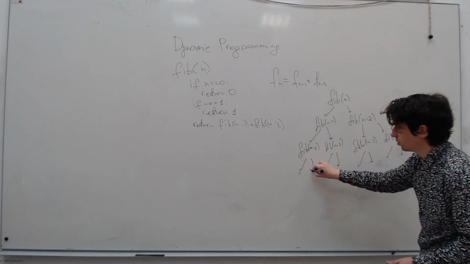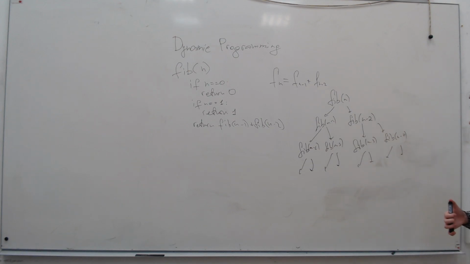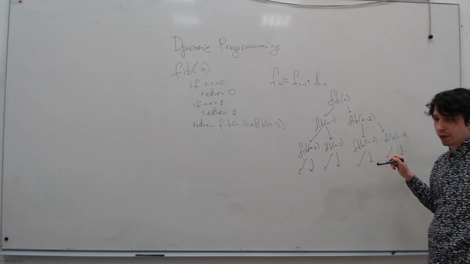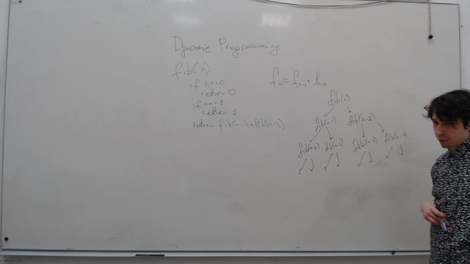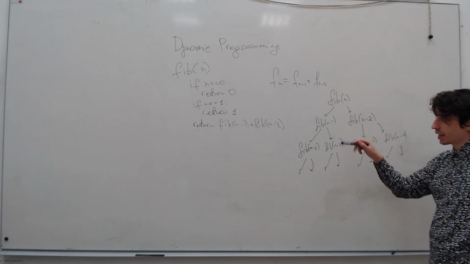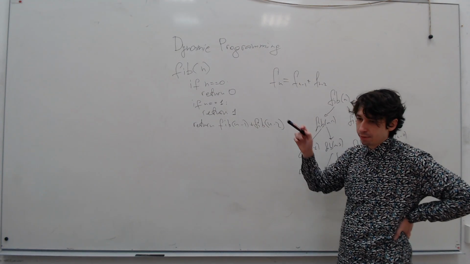Each time you kind of divide into two. And the problem is that the number of these calls is growing exponentially, as you can see. To be more precise, the number of calls is exactly the Fibonacci number, because we stop only when it becomes small.